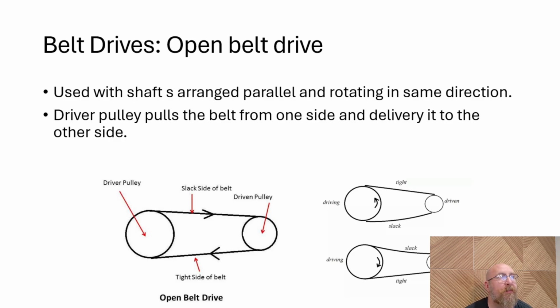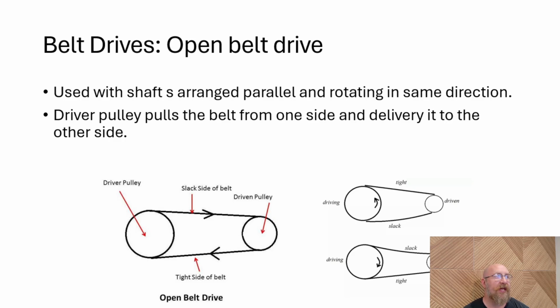The driver pulls on the tight side. So if you take a look at this counterclockwise motion of the driving belt here, you'll see that because it's pulling, it really is only transferring energy along the top there. The energy is not being transferred along the bottom under the slack side there. So you'll see the slack happen on that.